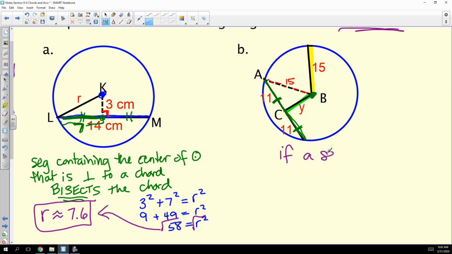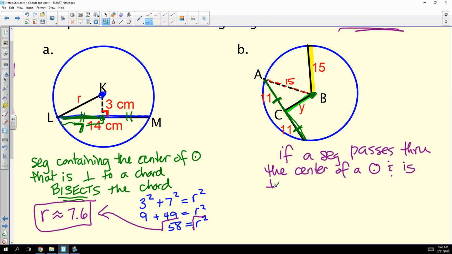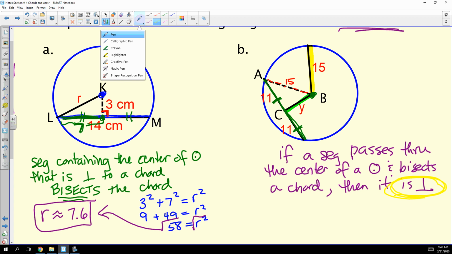If a segment passes through the center of a circle and bisects a chord, then it is perpendicular to the chord. That's the key part that I need right here so that I can find the value of y.